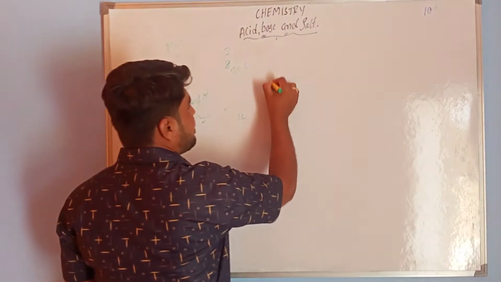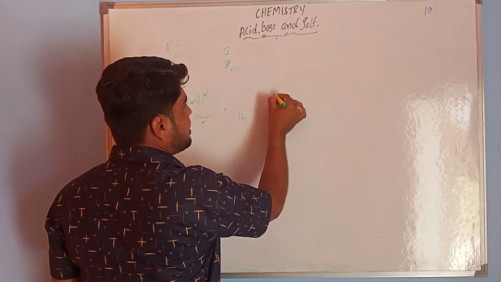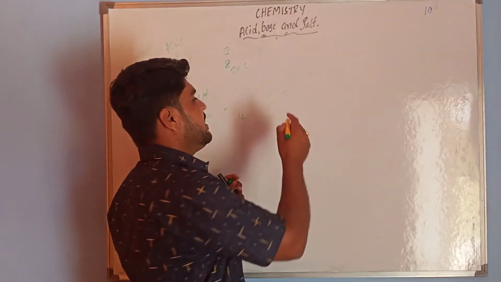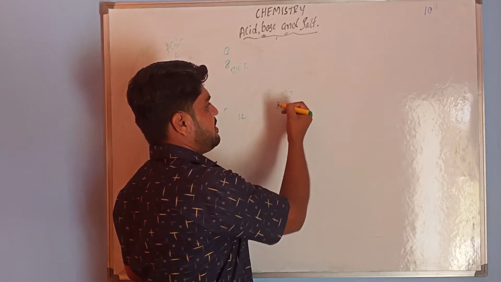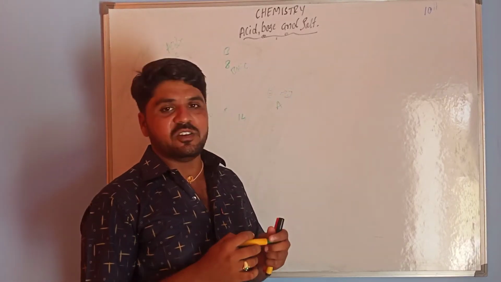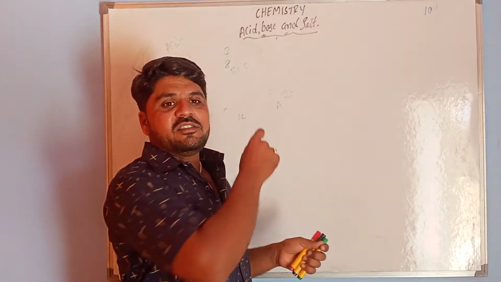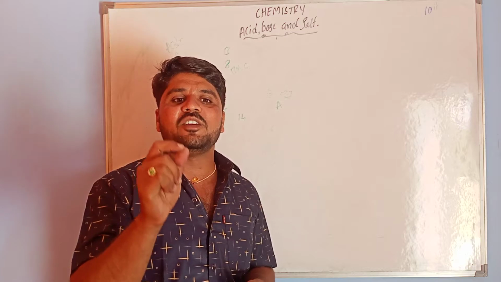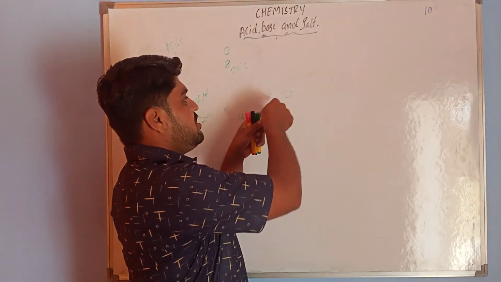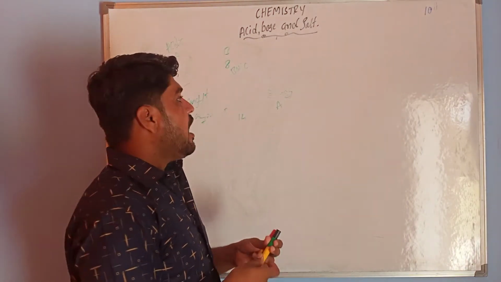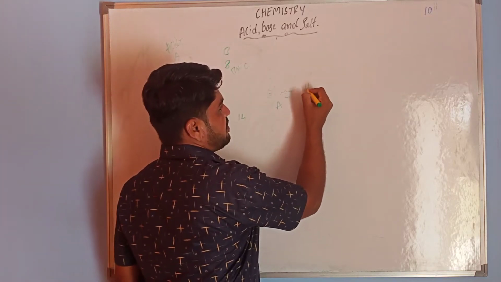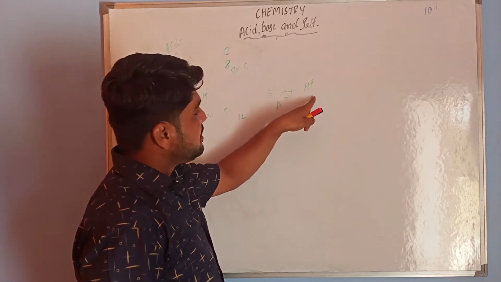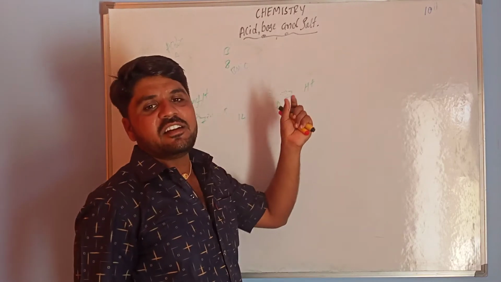Say we have one beaker with a solution, which we call A. If hydrogen ions are more, we call the solution acidic in nature.